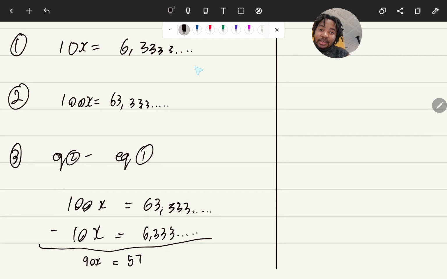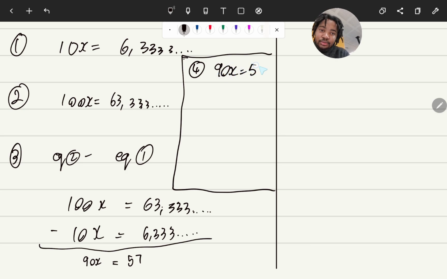Right. And just for the sake of space here, I'm gonna do step 4 here. So now you have 90x equals 57, and therefore x will be 57 divided by 90. Right, you see what you have done now.